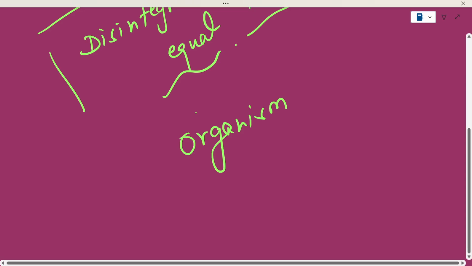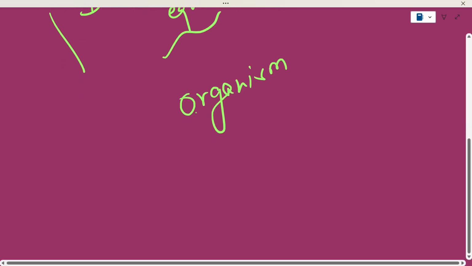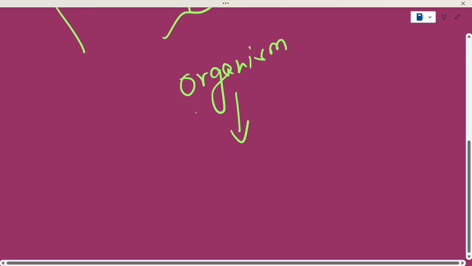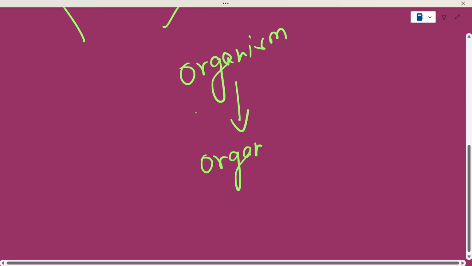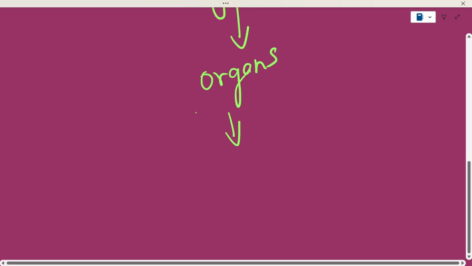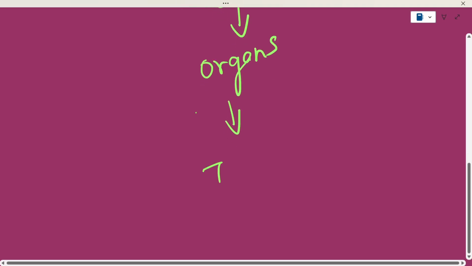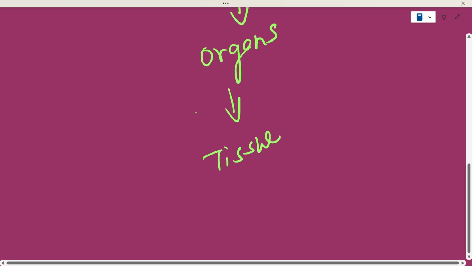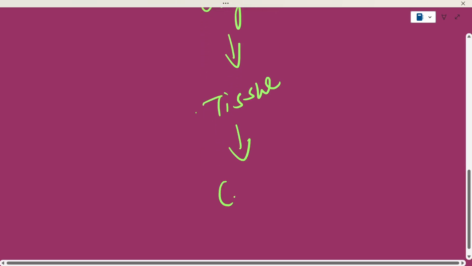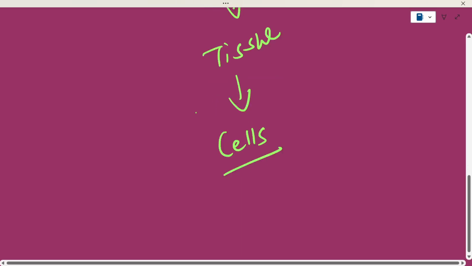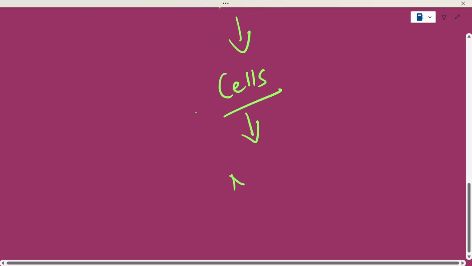If you first disintegrate an organism into equal and distinct parts, you will get organs. Then, after disintegrating organs, you will get tissues. The disintegration of which will lead you to cells, and in the cell there is a nucleus.